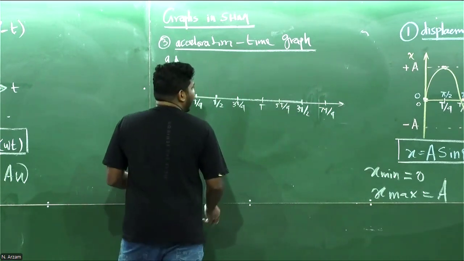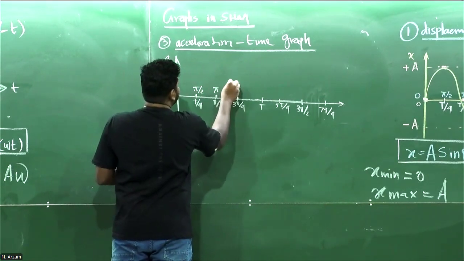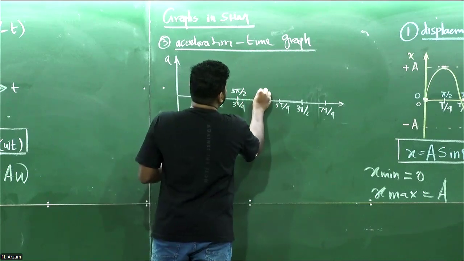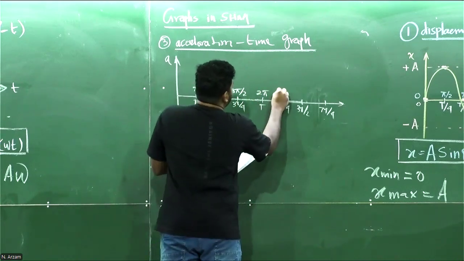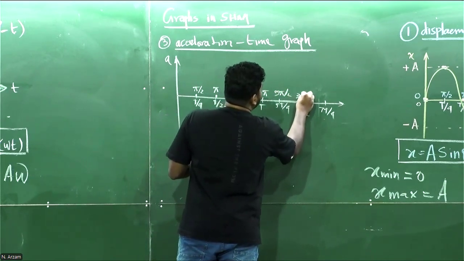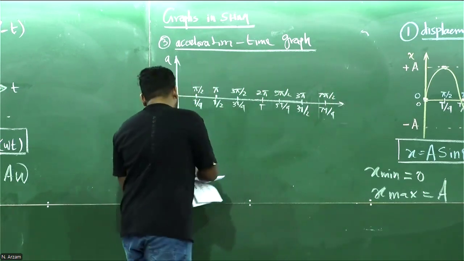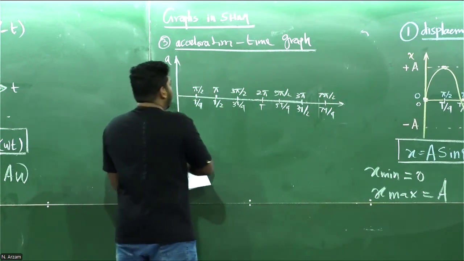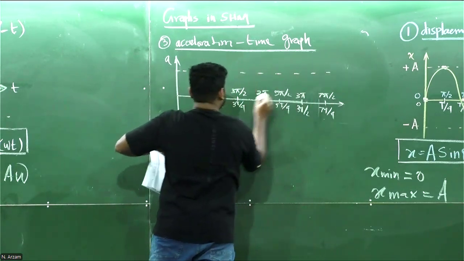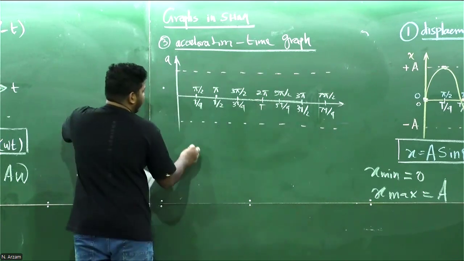What about pi by 2, pi, 3 pi? So now, look at the equation.